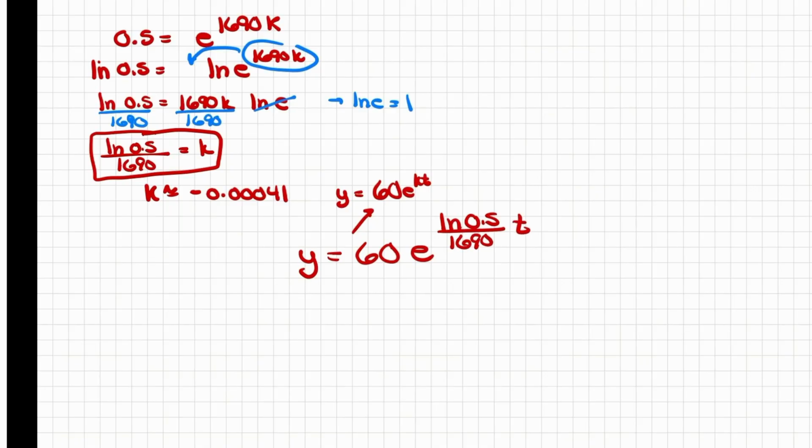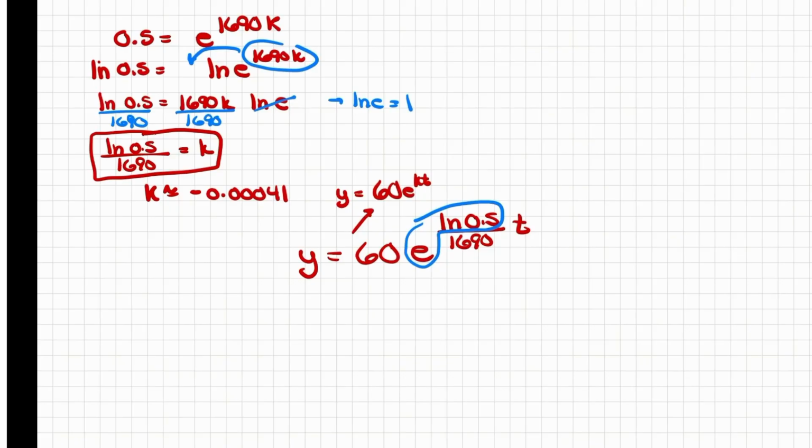Okay, so this is a really messy exponent, but using our exponent laws, we can group e and ln 0.5 together.